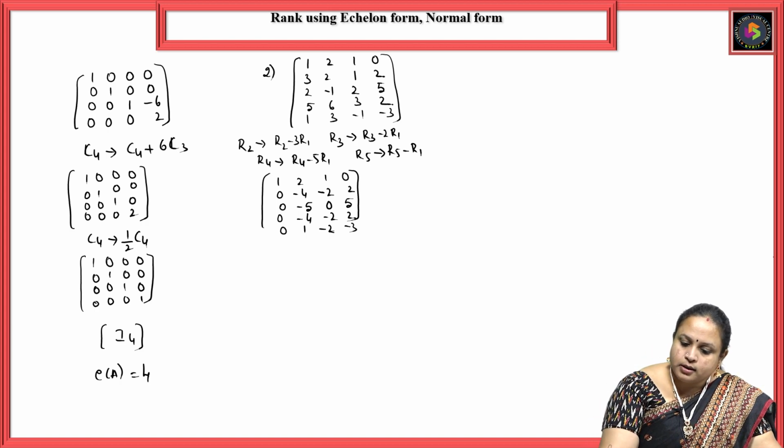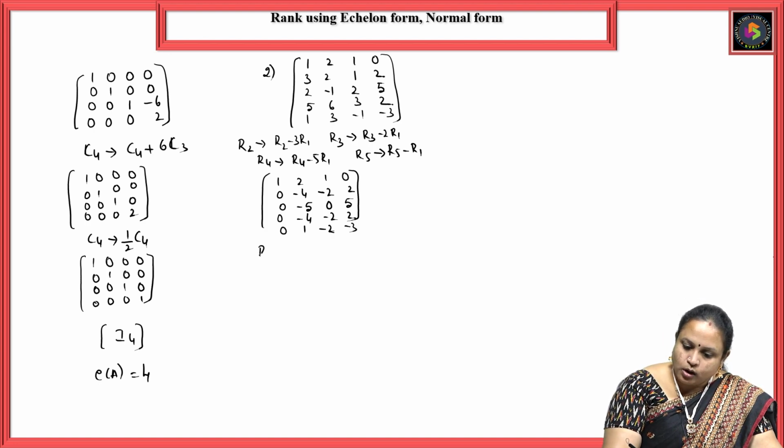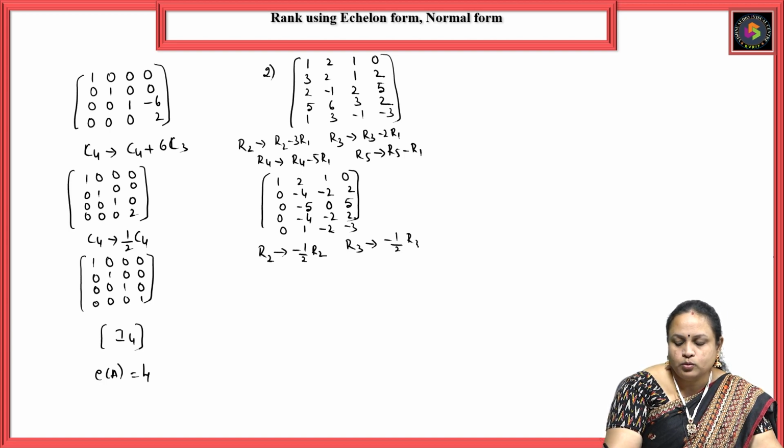Now, in the second row you can divide by 2, and the fourth row also we can divide by 2. So R2 implies minus 1 by 2 R2 and R3 implies minus 1 by 2 R3.